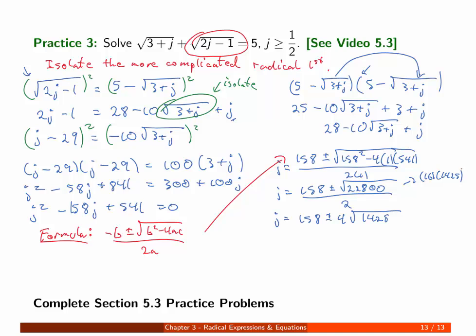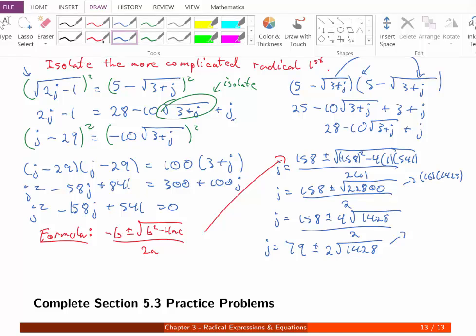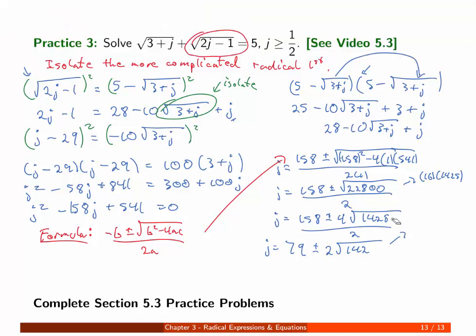And this is all over 2. So this reduces down to j equals 79 plus or minus 2 times this 1,425. Now this is not finished yet, because this 1,425 definitely can simplify again. If I divide by 4, okay, and I apparently can't read my own writing.